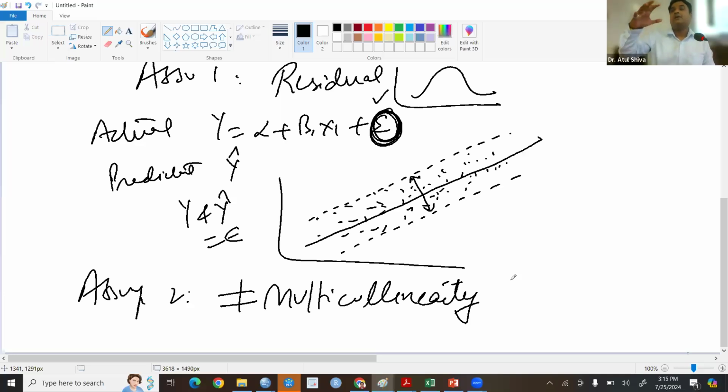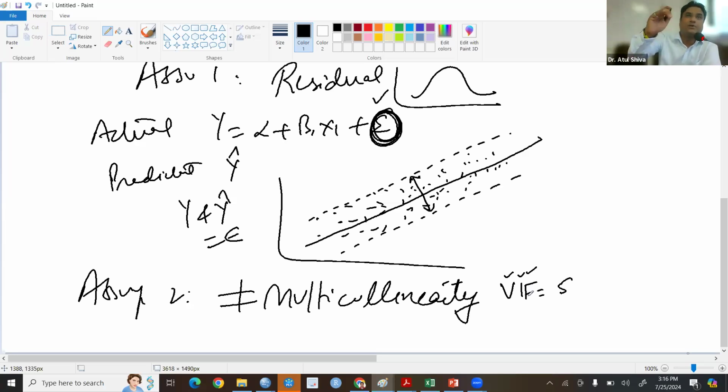Similarly, in regression, because we work with related variables, some correlation will be there, but high correlation should not be there. So we check whether the variance inflation factor is less than 5 or not. VIF is the formula which tells whether the correlation is within the tolerance limit or not.